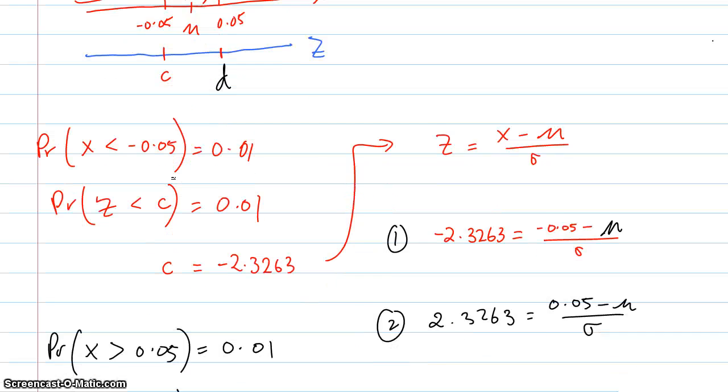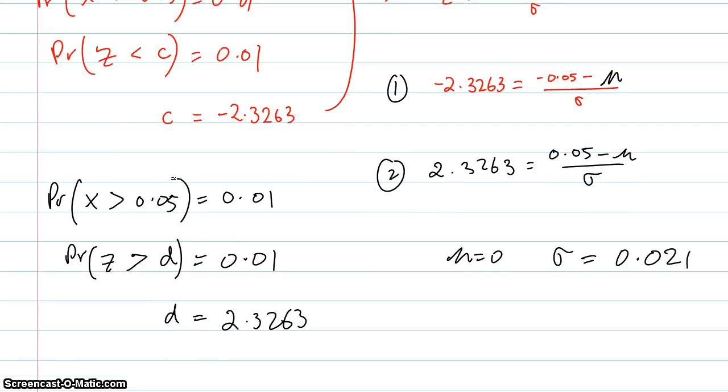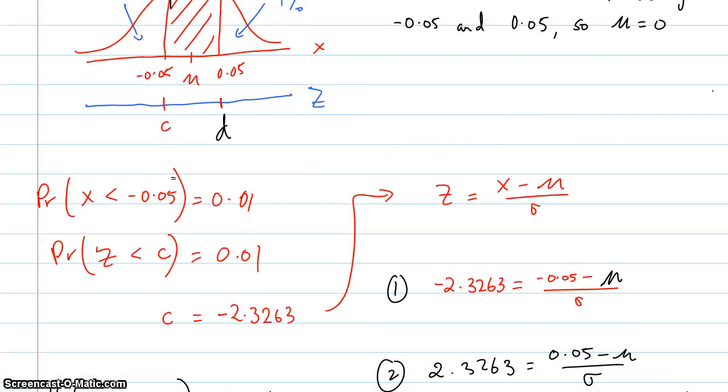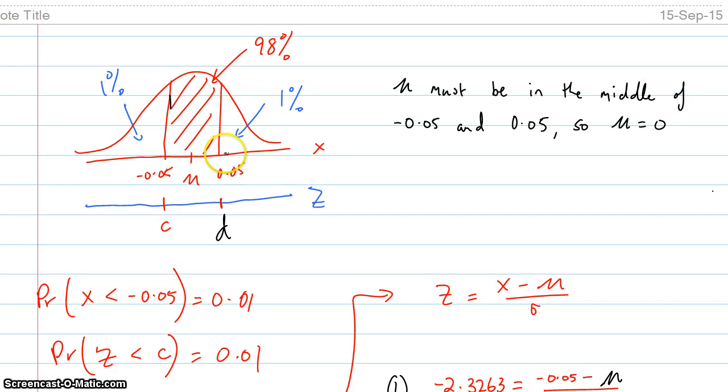So that's how I would answer that question without having seen the rest of it. That's probably how I'd tackle it. There is another possibility that it could be. They could be saying 0.05 standard deviations away from the mean. Now, if that is the case, again, the mean would still be 0 because it's smack bang in the middle.